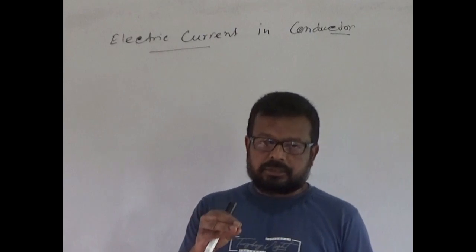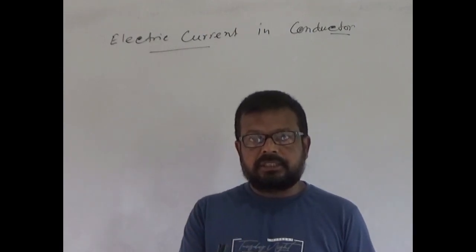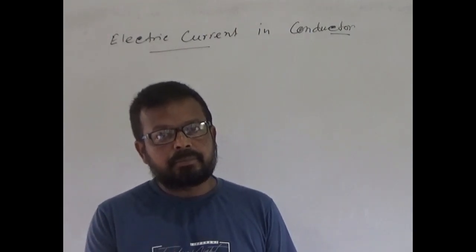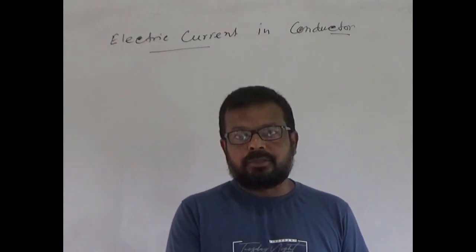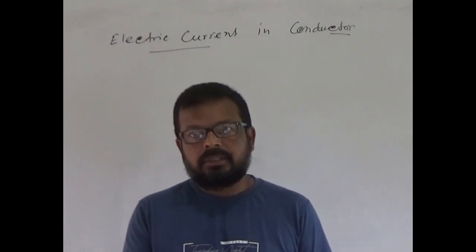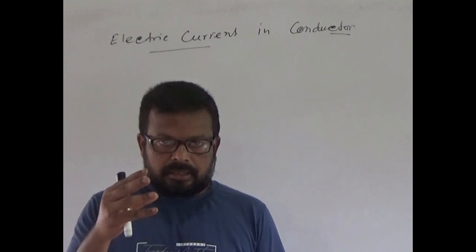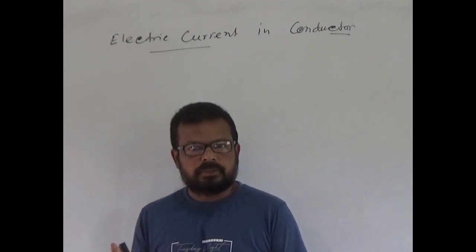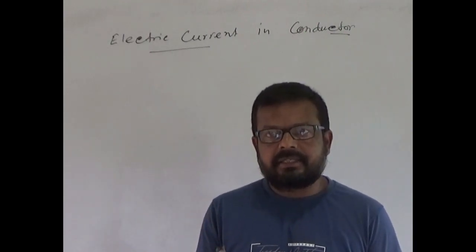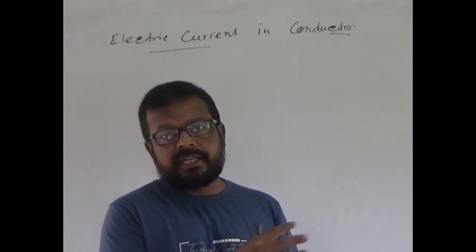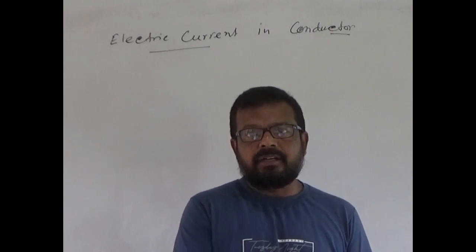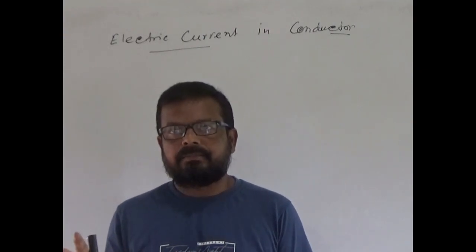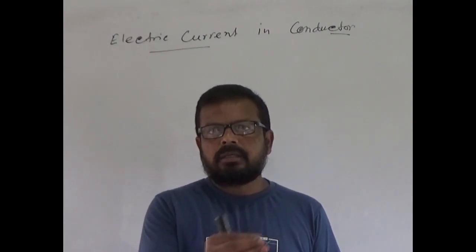Due to these collisions, they come to rest, and again due to the thermal motion they can move. So the direction of the motion is random due to these collisions. The direction of the thermal motion of the free electrons is random due to the collisions.